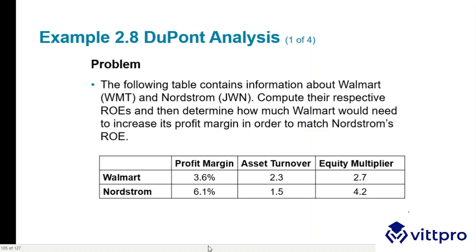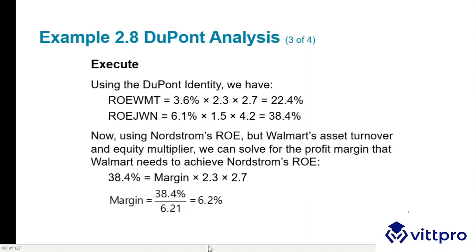So if you are the owner of Walmart, you would tell your CEO that your budget for next year would be 6% profit margin, right? So you will look at how you can do it, either increase the price or reduce the cost or do whatever, but make my profit margin 6%. So this is one way of doing things. This is how we normally plan for better equity returns and set up the targets for the coming years. So it's 6.2%. Correct.